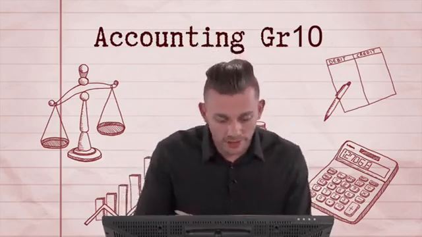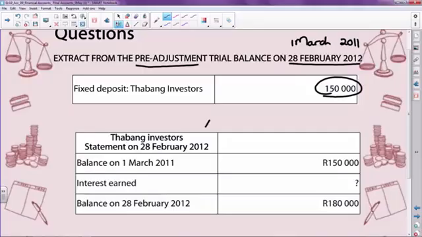Now, let's look at the statement Tabang Investors gave us on the 28th of February. As you can see, they also have the opening balance of 150. But now, they told us we earned a question mark on interest, and now we have an amount at the end of the year in our account of 180.